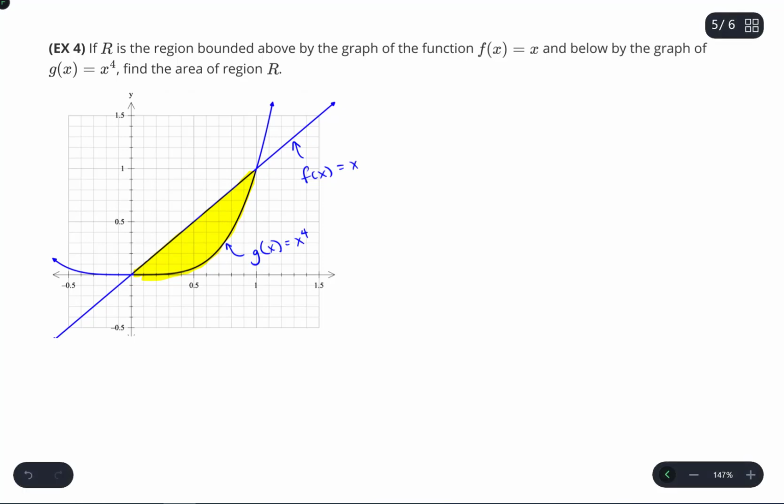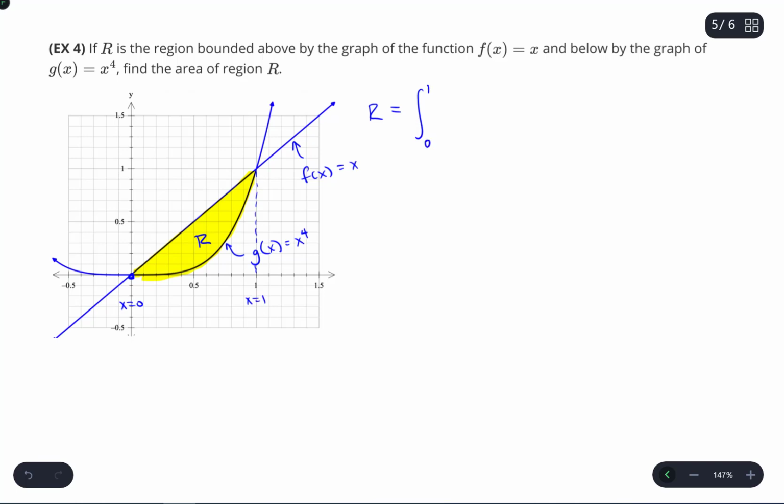So I want to find the area of this region R. So the area of that region could be found integrating between, I need two endpoints here. And so the endpoints are going to be the intersections of these curves. So here's one clearly at x equals 0. Here's another one here at x equals 1.